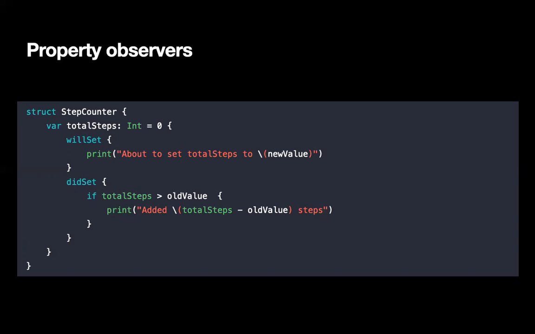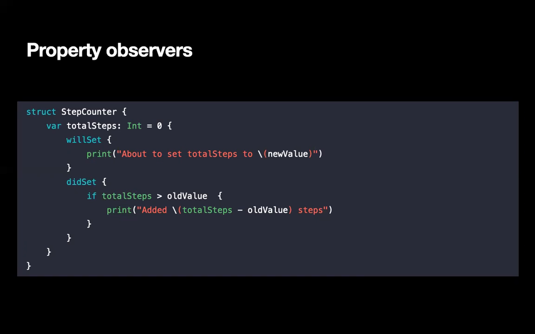So here we have one example, a StepCounter which has been defined with the totalSteps property. Both the willSet and didSet observers have been defined.